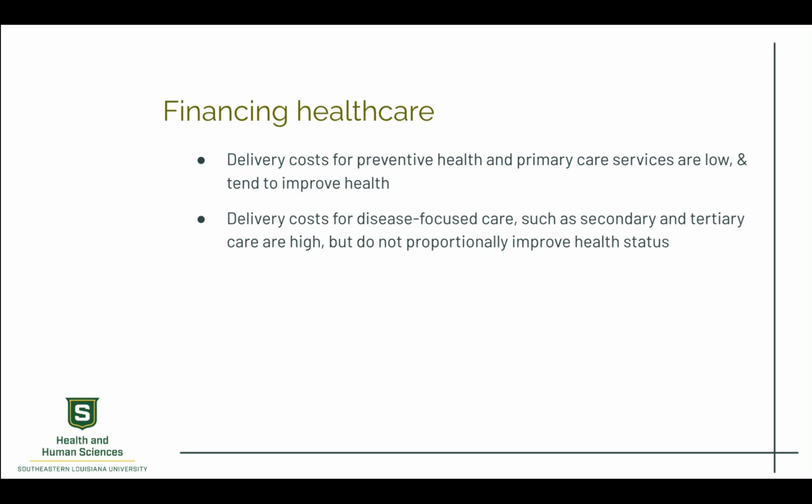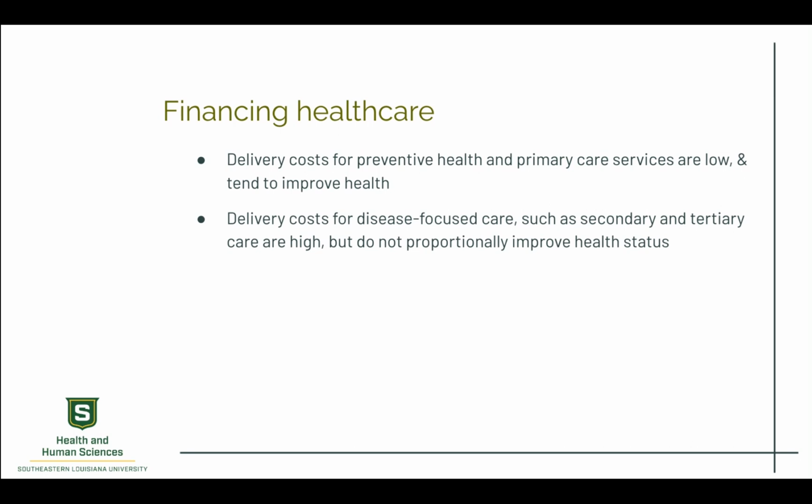For example, just because you're spending, let's say, $1,000 on secondary or tertiary care doesn't mean you're getting $1,000 worth of improved health care. However, with primary care, if you're spending $1,000, when it comes to improvements of health status, you are looking at maybe $3,000 worth of it.